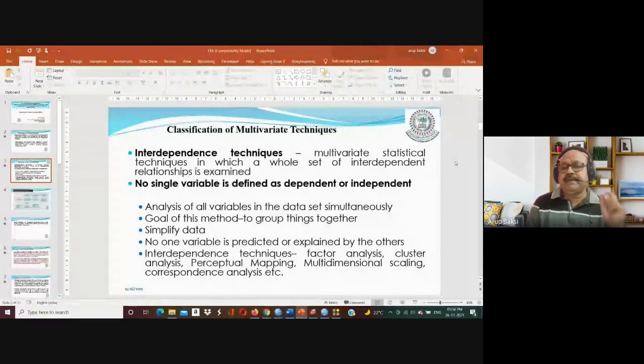So perceptual mapping is one such example of statistical application which is widely used in the industry, particularly by the corporate houses. Then we have the MDS technique, the multidimensional scaling. It is also an interdependence technique, and correspondence analysis, that is also an interdependence technique.